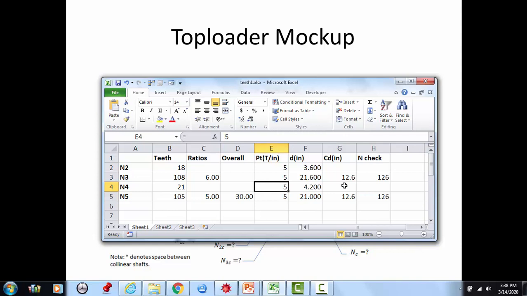Then I did my transverse diametral pitch over here, because I wanted to see what these diameters look like. That's how you get your diameter: the number of teeth divided by the transverse diametral pitch. The center distance would be the sum of the diameters divided by 2, obviously, and then you could check the tooth counts. That's the kind of thing I was doing there.